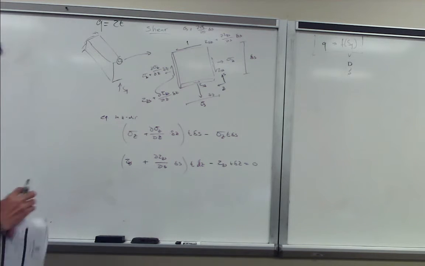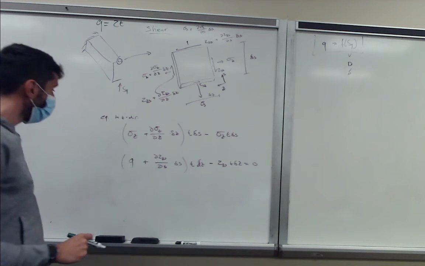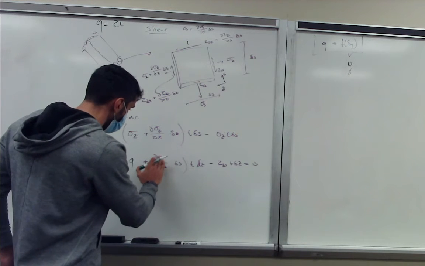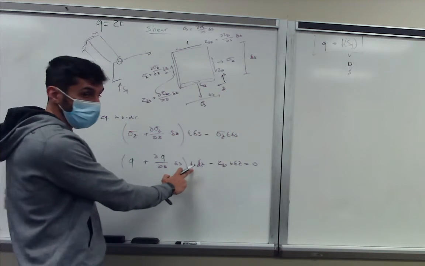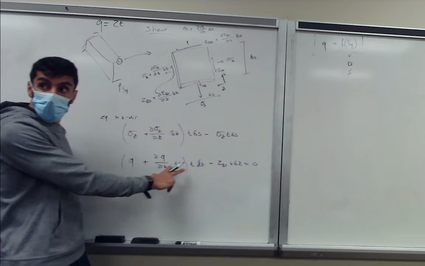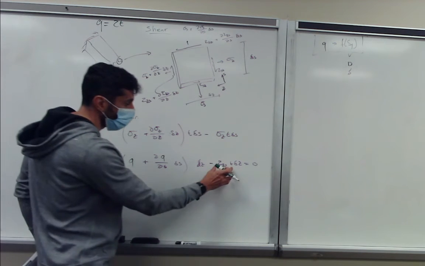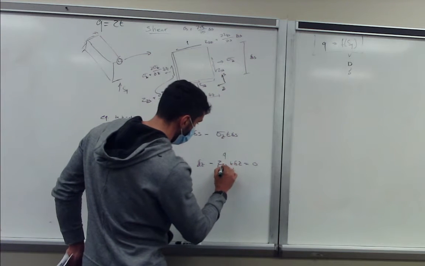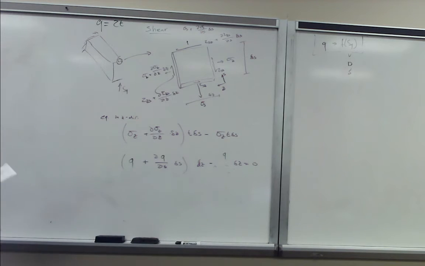So this will give us the shear flow Q instead of tau, and this will give us the variation of the shear flow Q. And then this thickness disappears. And here, this part is also replaced by Q, so this disappears as well. So this is our equilibrium equation.